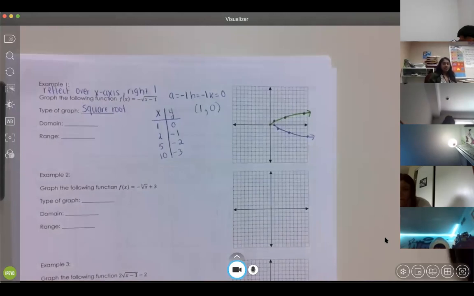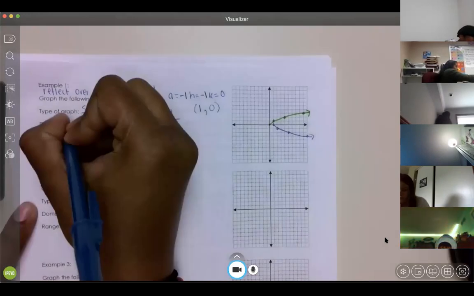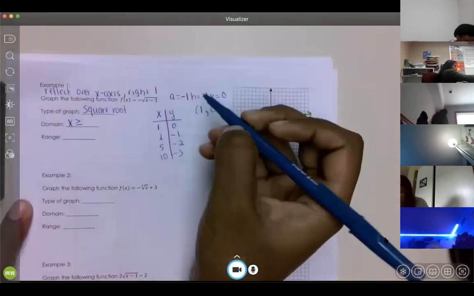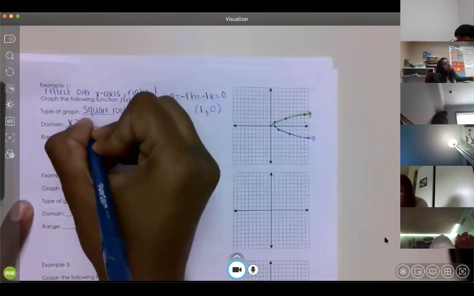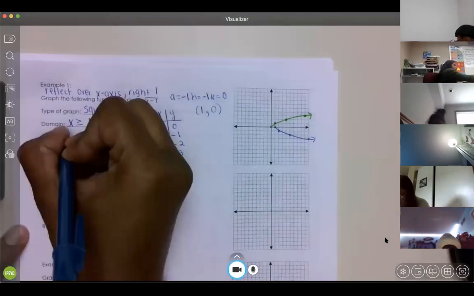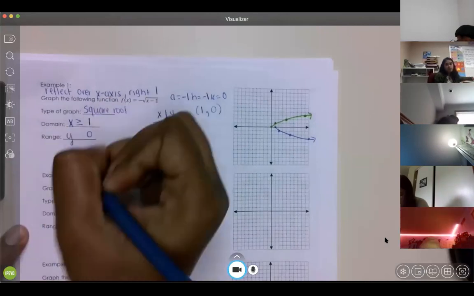All right, the domain and range as a review from Friday. The domain is always in the format x is greater than or equal to your h value, but the opposite of that, so the opposite of -1 is +1, so it's x is greater than or equal to 1. And then your range usually is y is greater than or equal to your k value, which is 0.